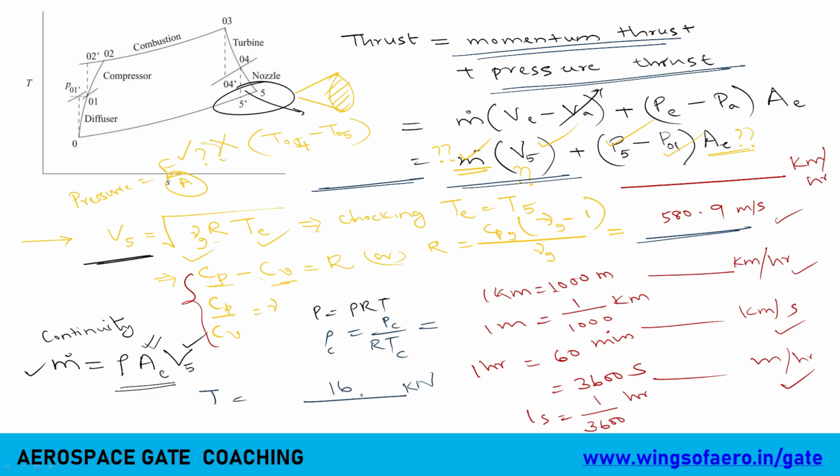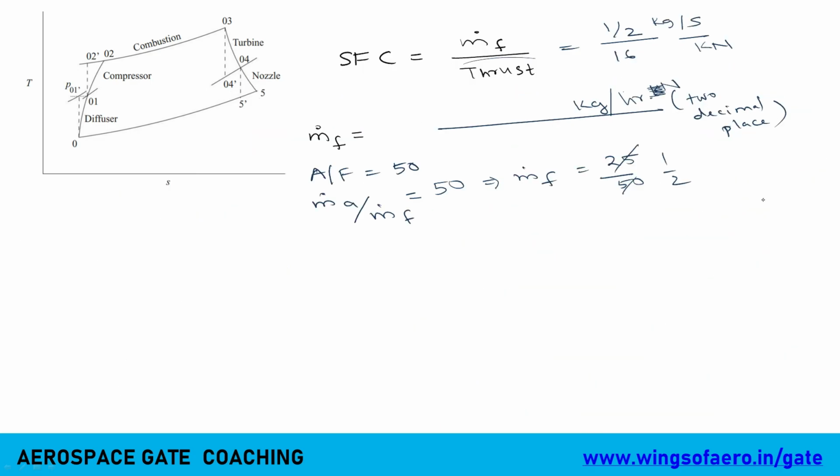Already we got 16 kilonewton, which is known. This is the formula: mass flow rate of fuel by thrust. So this thrust value is known to us, 16 kilonewton, and this is unknown. How can we find this? Using this ratio, which is given.